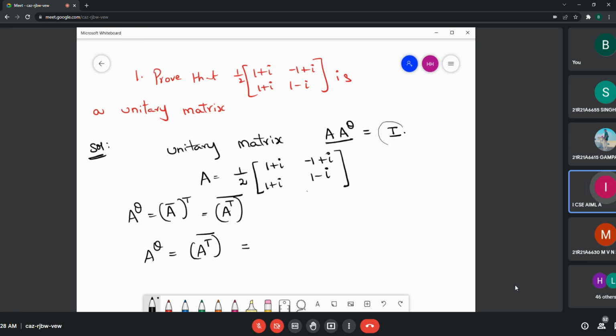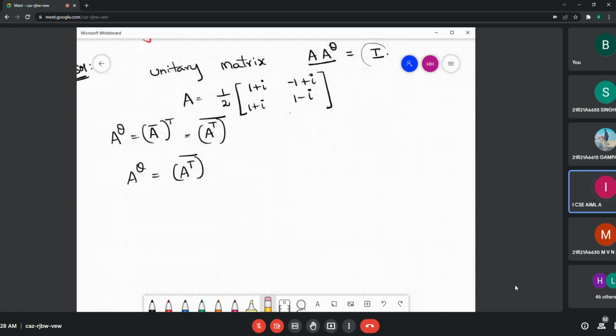First of all, I'll write the A transpose. A is equal to 1 by 2 into [1+i, -1+i; 1+i, 1-i].